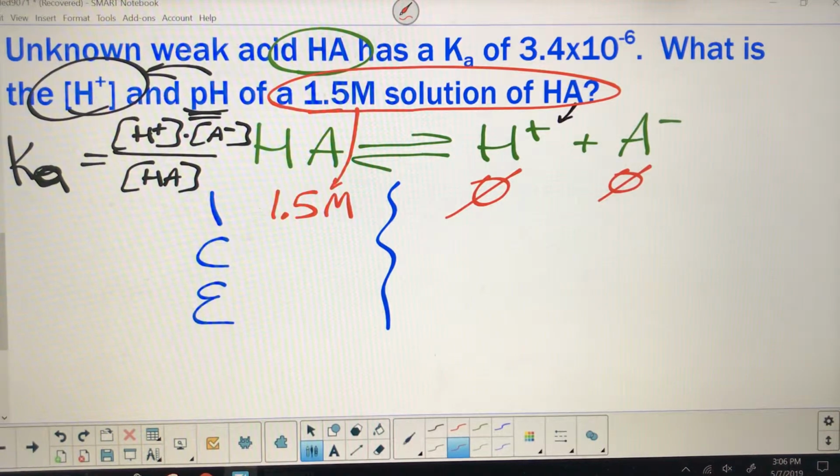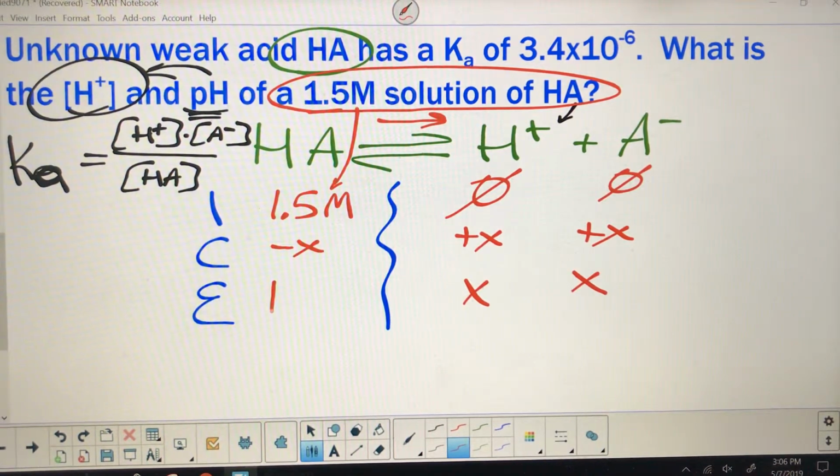Since those are 0, check out again the other video about the ICE tables. You can assume that the change goes right because you have to make some products. You can't take away from 0 and get negative products. Again, equilibrium is just whatever the initial is added onto the change. So we have x there, 1.5 minus x there.